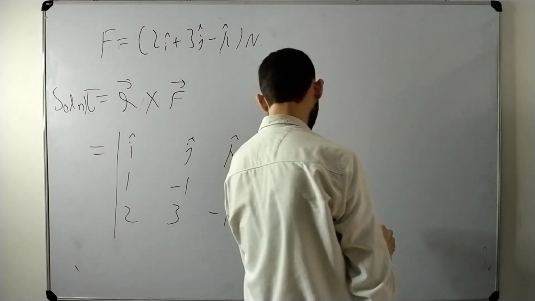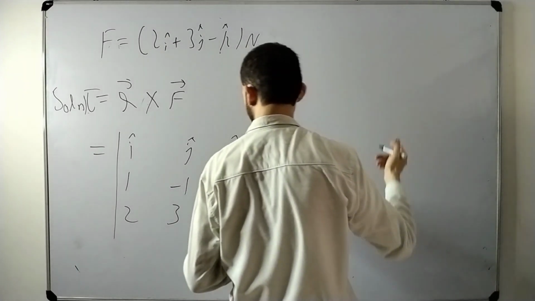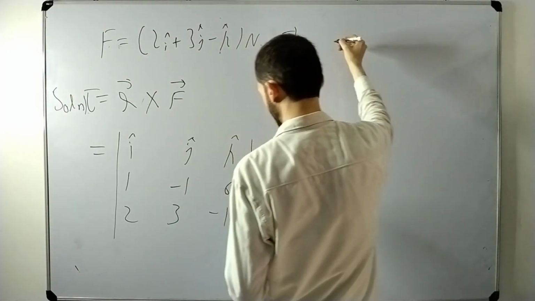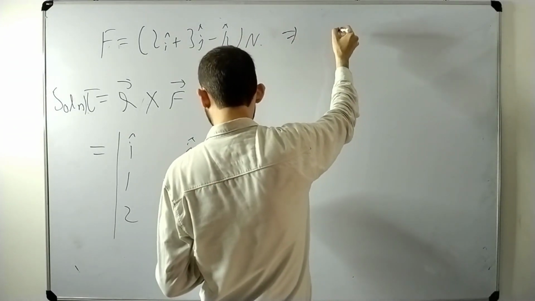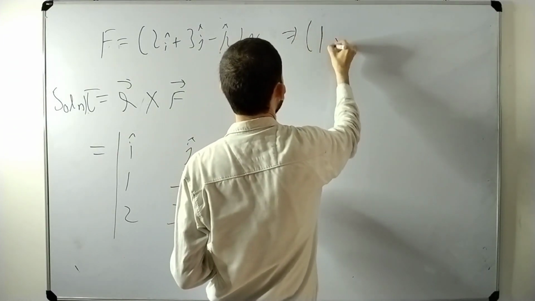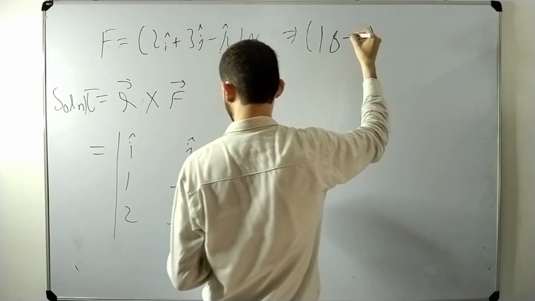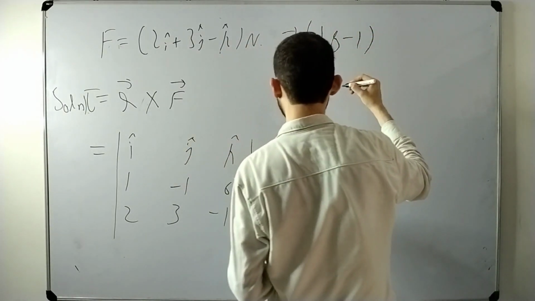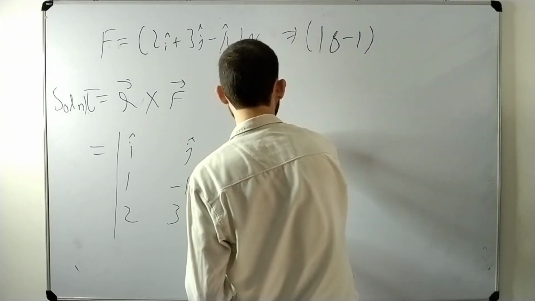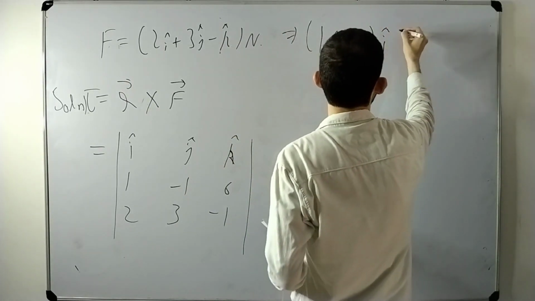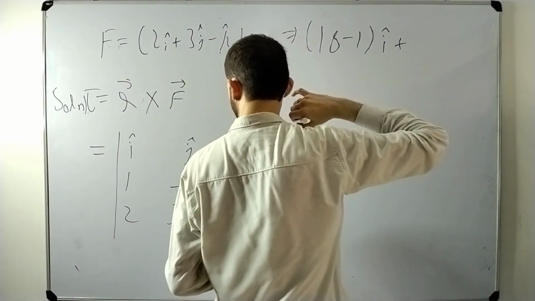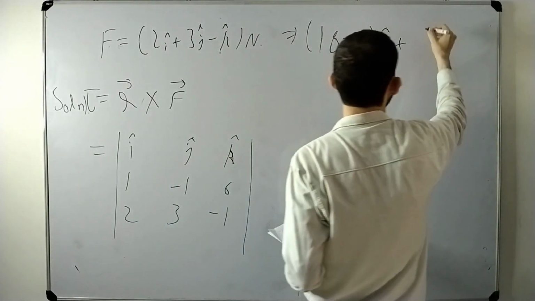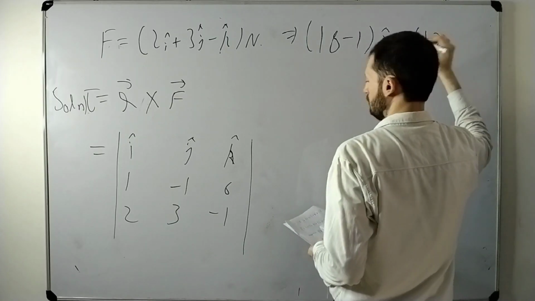So our answer is coming out to be, this is 18 minus 1, right, now 6 into 3 in this method. Yes sir, very nice, understood. This is the j vector. The j vector is coming out to be 12, and this is what?